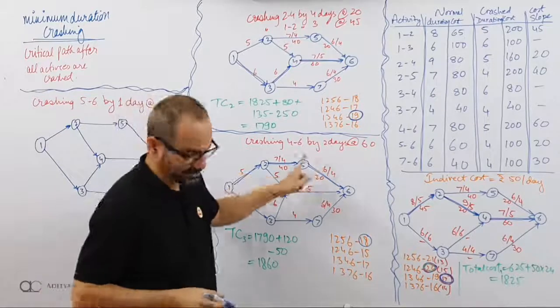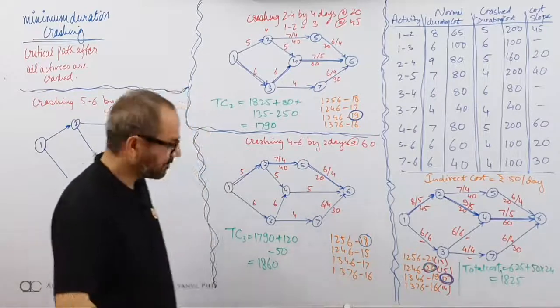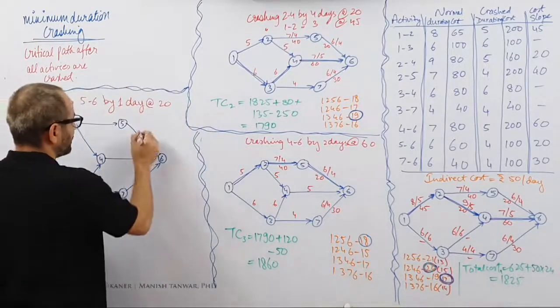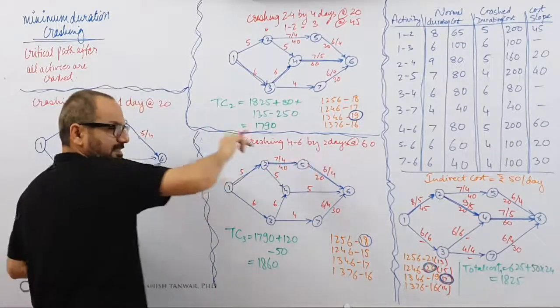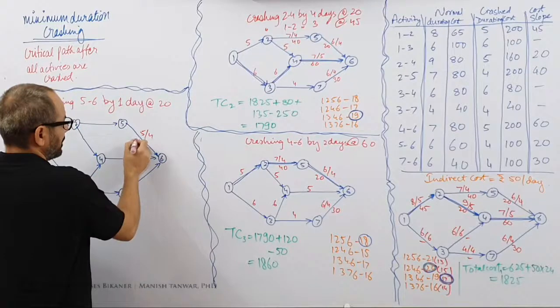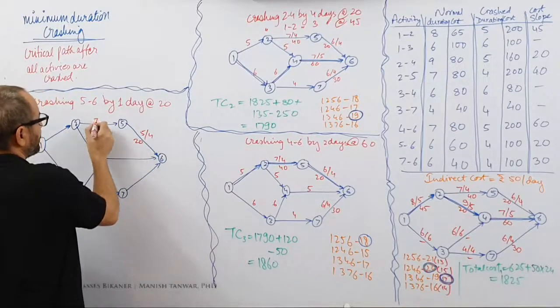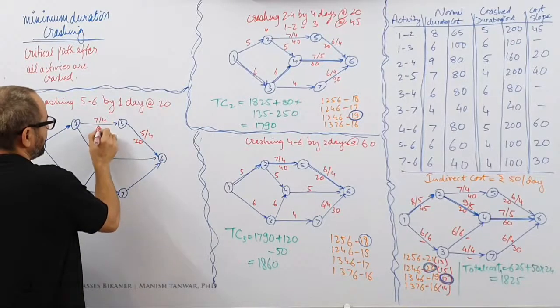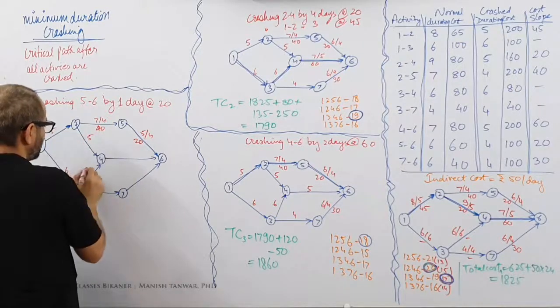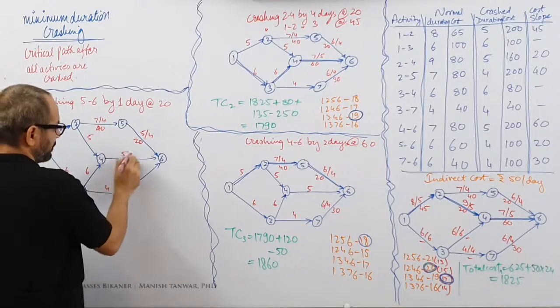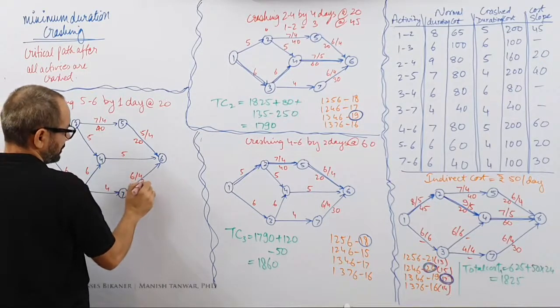You are changing this duration. 6 is being brought down to 5. So I'll write down this 5, 4, 6, 4 has become 5, 4 because instead of doing it in 6, I'm bringing it down to 5. And 20, 7, 4 at 40. We have a 5, 5, 6, 6, 4, 5, 6, 4, 30.